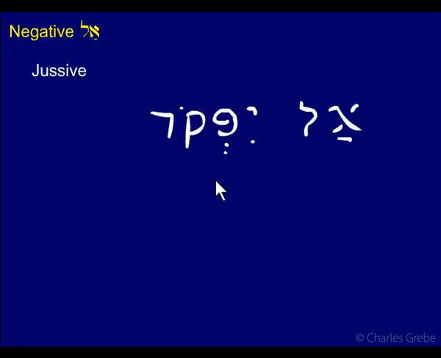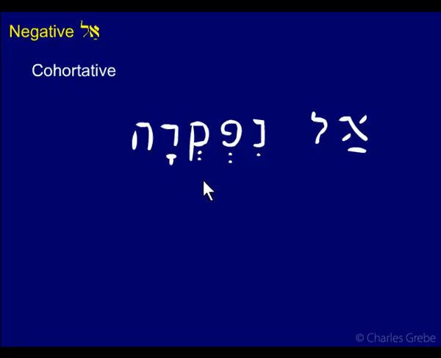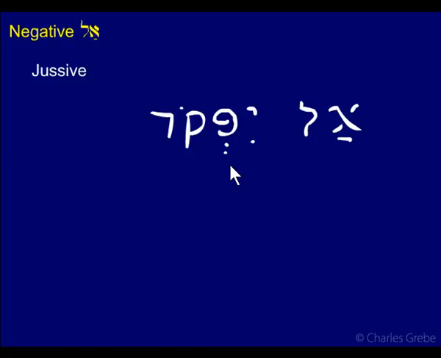So al helps us to understand the meaning of this form. If we didn't have it here, there may be some ambiguity. Is this an imperfect? Should it be future, for instance? Or is it a jussive? With the cohortative, we usually have the a, and so there isn't really ambiguity there. But with the jussive, there can be. But if you see al, you know you have a jussive, not an imperfect.